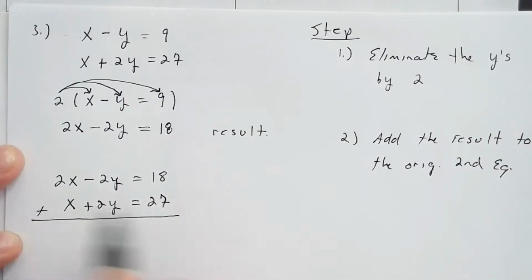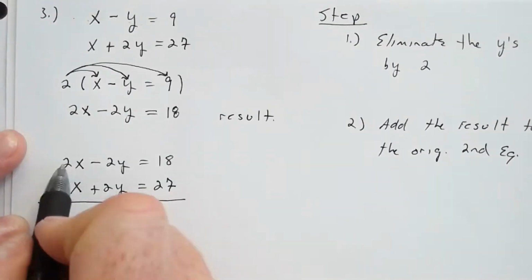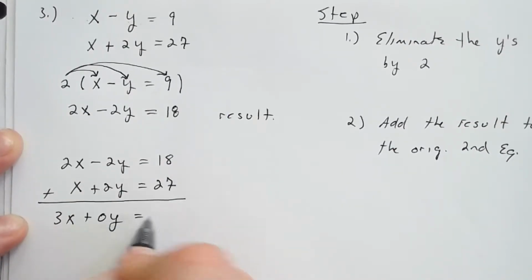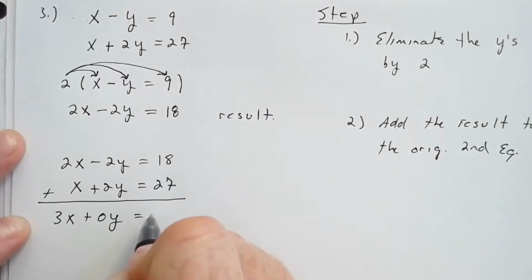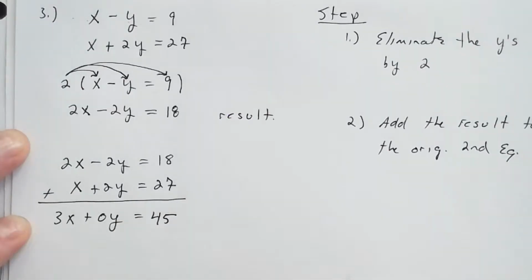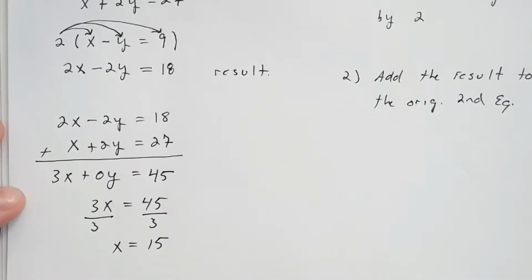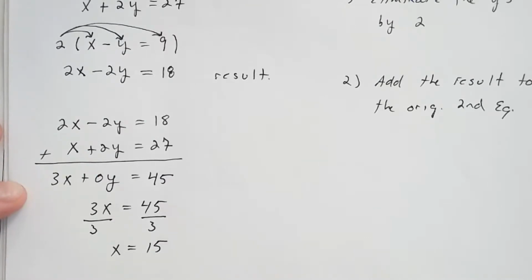We're going to add those two together. And when we add them together, we get 3x plus 0y is equal to 45. This leaves us with 3x is equal to 45. Divide by 3. x is equal to 15. So that's one number. One number is 15.